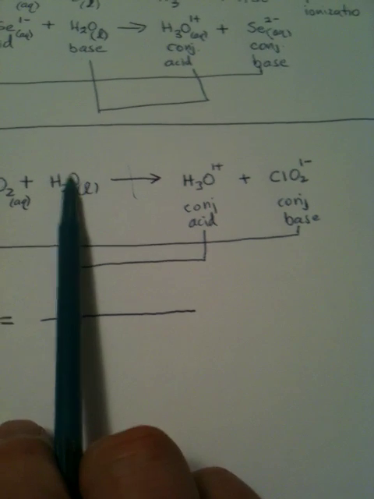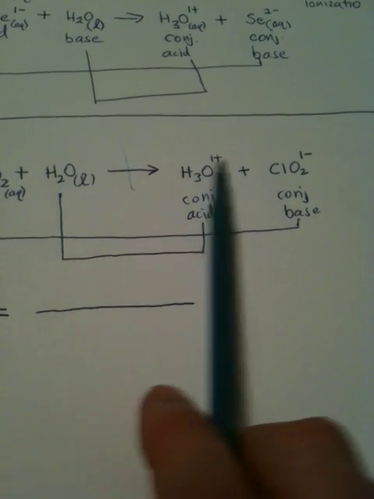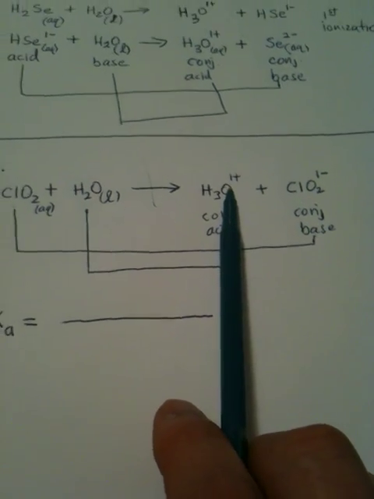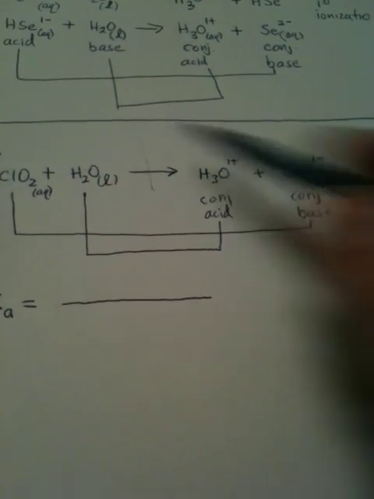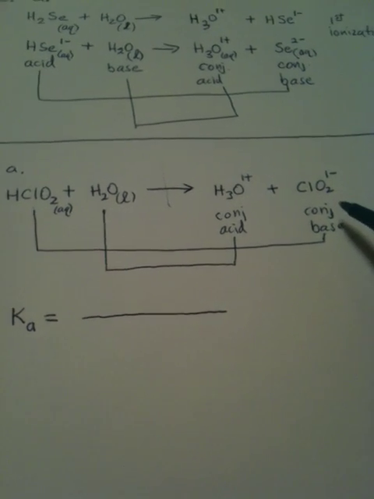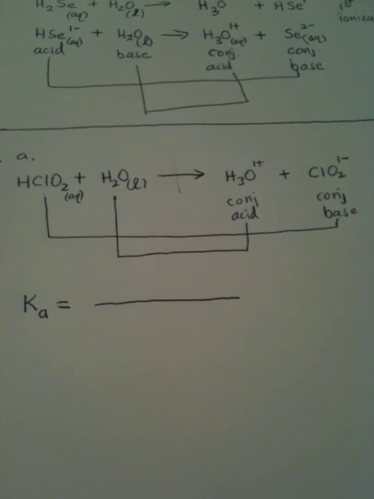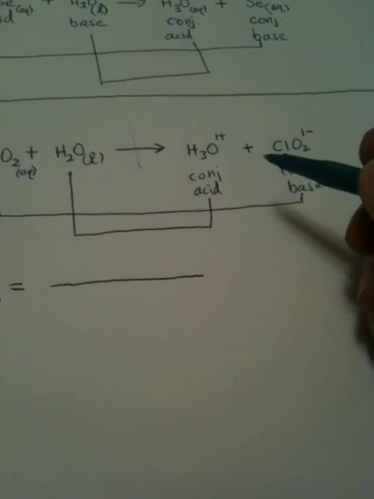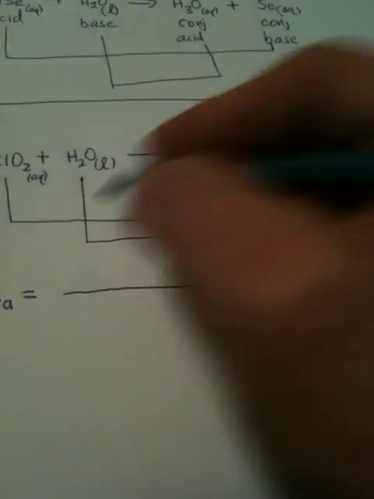And the oxygen that was with the water is the same oxygen that's over here with the hydronium ion. Since we have a balanced equation, we have no coefficients, which means there's going to be no exponent for these.